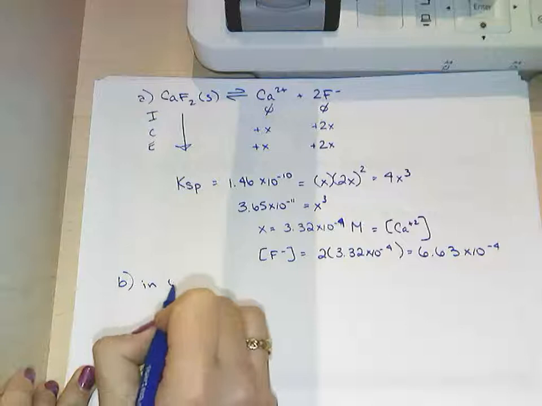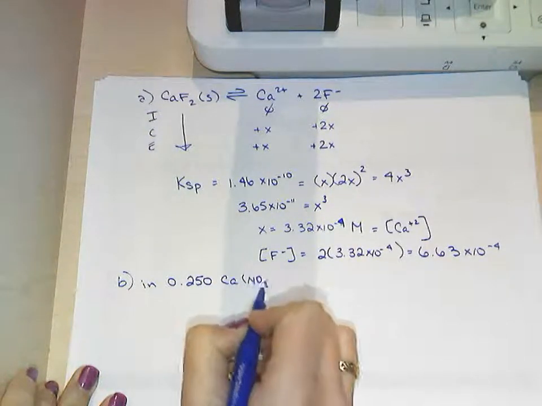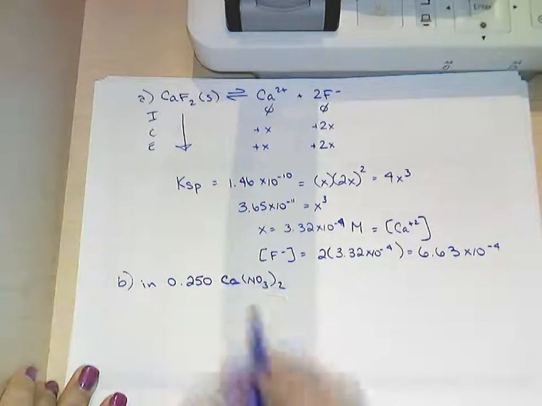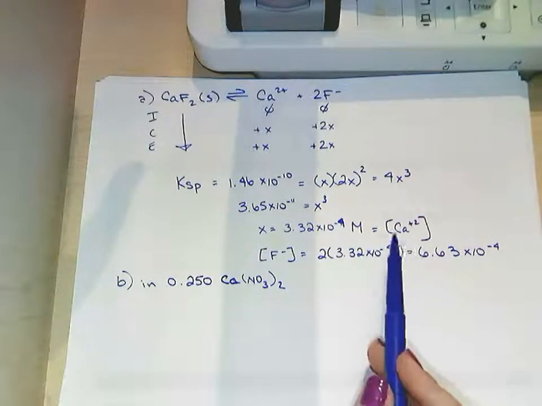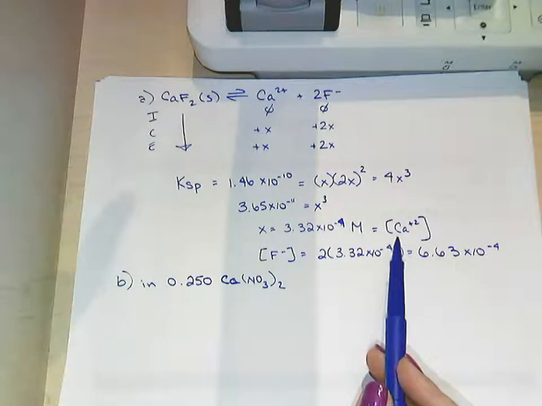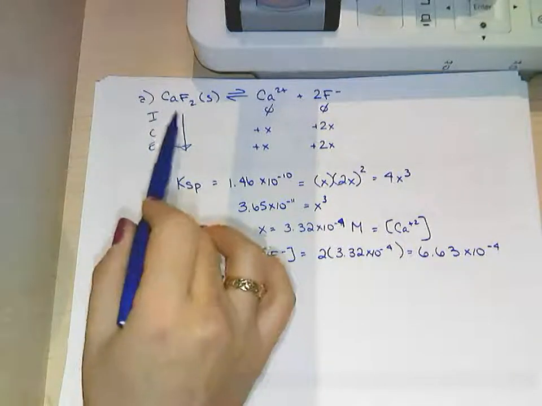of this calcium solution. So what do we expect to happen to the concentration of the calcium ions? Will there be more calcium ions or will there be less calcium ions coming from the calcium fluoride?